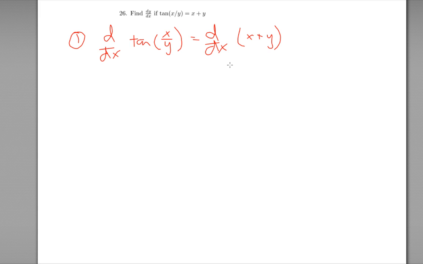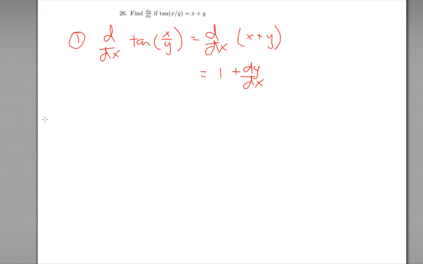So the derivative of tan(x/y) is equal to the derivative of x plus y. Okay, no problem. The derivative of x plus y is pretty easy. The derivative of x with respect to x, everybody knows, is 1. The derivative of y with respect to x is precisely what we're looking for, dy/dx. Over here, a little bit more complicated. This is a function of x divided by another function of x inside a function of x, inside of tan.